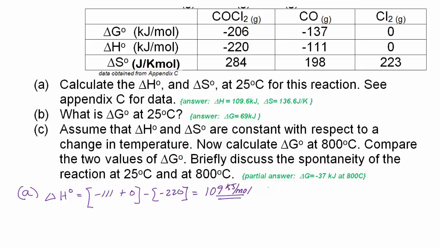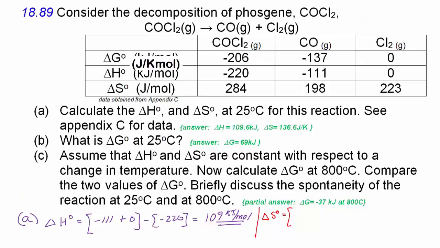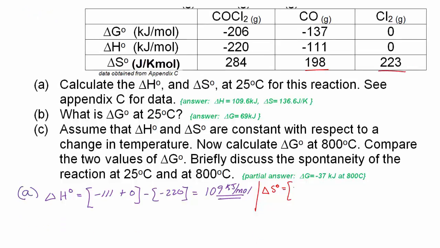And my standard change in entropy, again, products minus reactants. Carbon monoxide, 198. Chlorine is 223. Minus reactants.